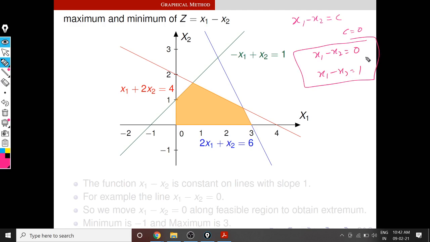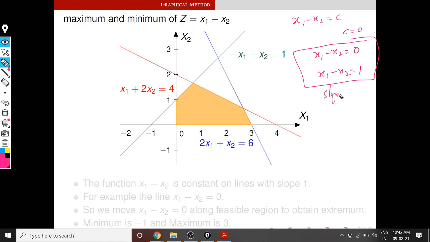Yes, they are straight lines. Any common property for these two straight lines? Parallel. Yes, they are parallel, where the slope is the same. What is the slope of these straight lines?